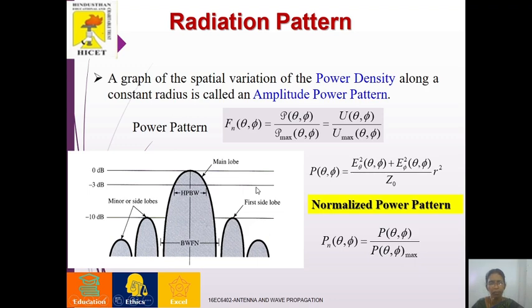In amplitude power pattern, you will have a graph of spatial variation of the power density along a constant radius. In two-dimensional view, it contains a main lobe followed by side lobes on either side of the main lobe. The amplitude power pattern can be represented in normalized form as Pn of theta comma phi equal to P of theta comma phi divided by P of theta comma phi max.